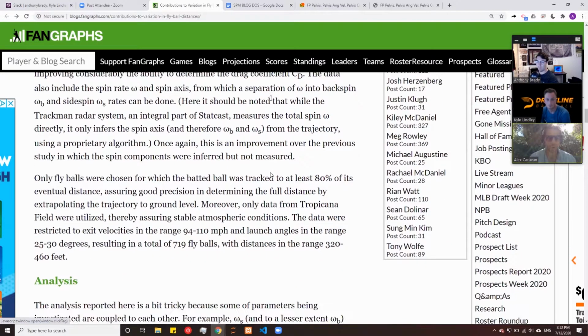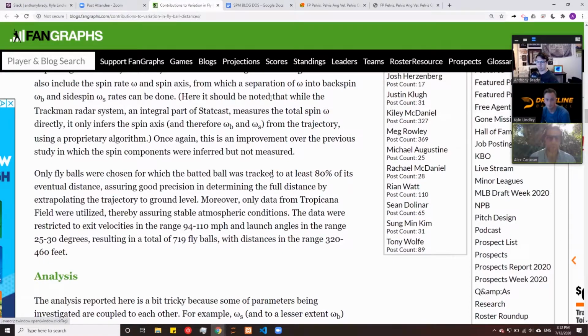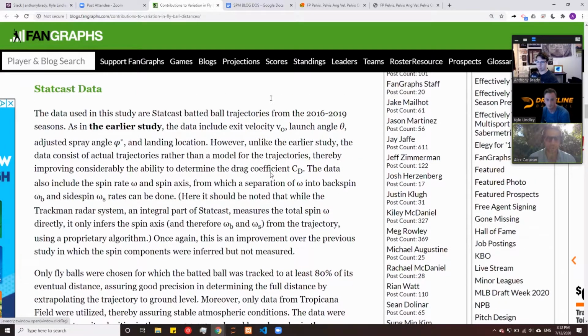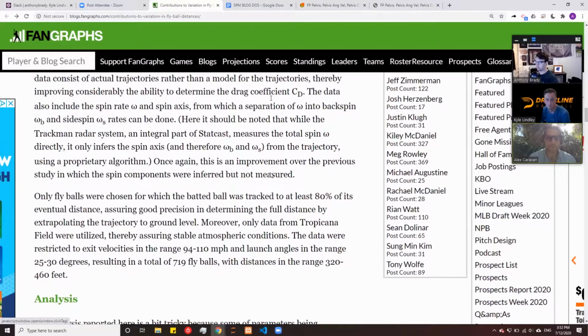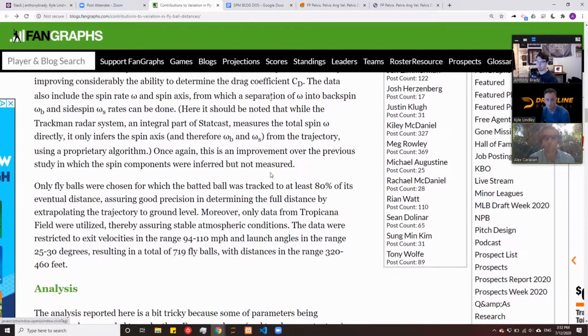So here he sets out some parameters he used. He used 2016 and 2019 StatCast data. This is a little bit nitty gritty for people more familiar with TrackMan and what it does, but TrackMan doesn't always track every single batted ball all the way. So he used only fly balls that were tracked at least 80% of their eventual distance, to ensure data accuracy and data cleaning.